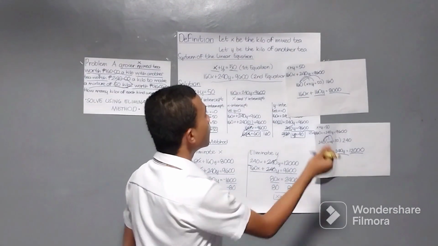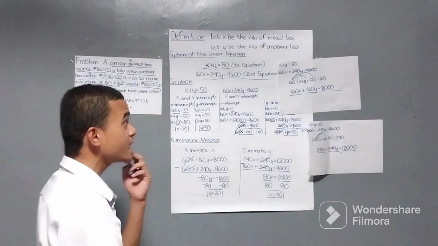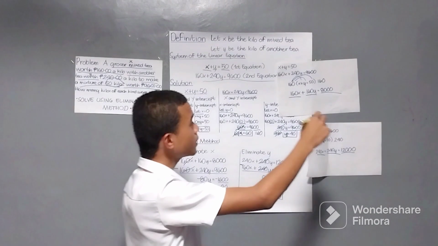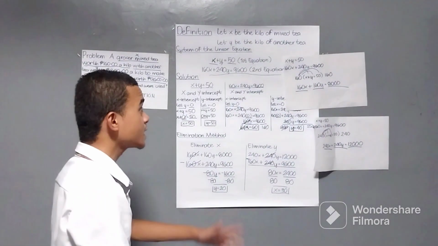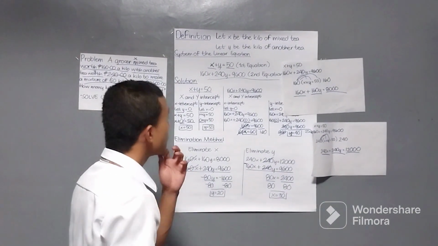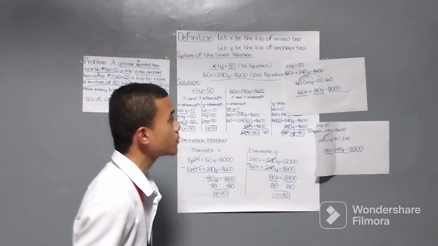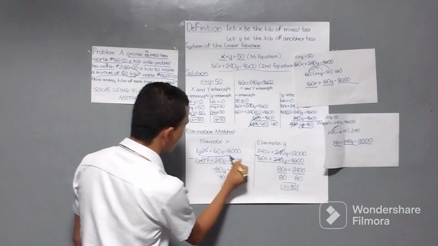After that, bring the first equation and multiply both sides by 160, which is the coefficient of x in the second equation. After that, you transpose all of them. So 160 times x is 160x, and 160 times y is plus 160y, and 160 times 50 is equal to 8,000. That's why we come up with this answer.